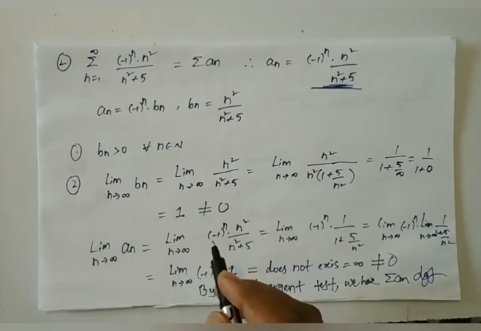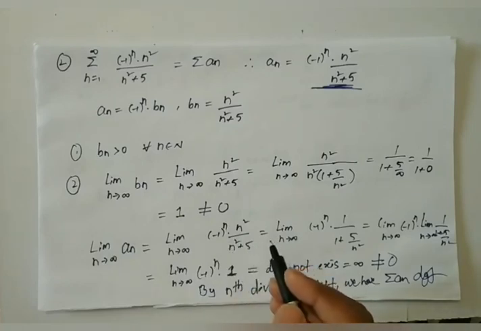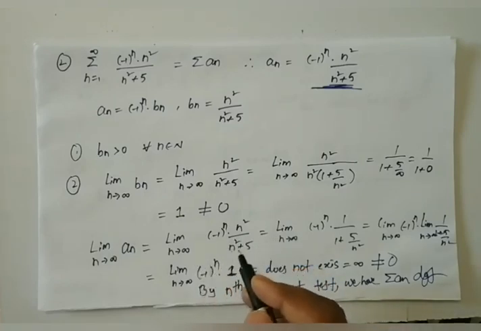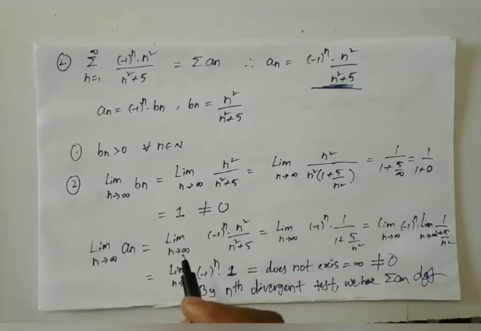What is the first condition? bn greater than or equal to 0. Next, the second condition: the limit as n tends to infinity of bn is equal to 0. The third condition: bn greater than or equal to b(n+1) for all n belongs to N. Then we can say that the given alternating series is convergent.